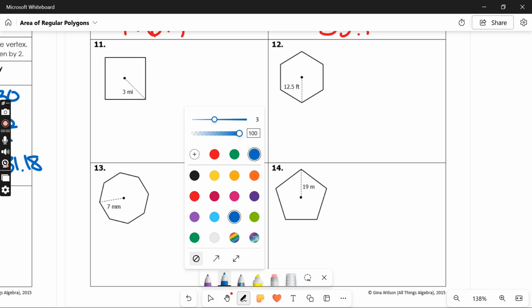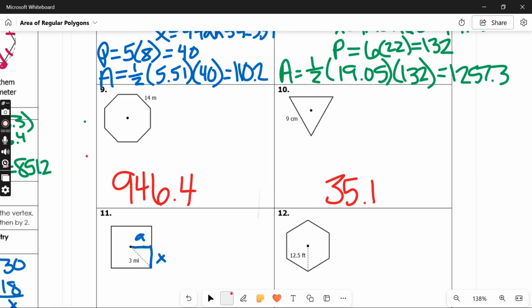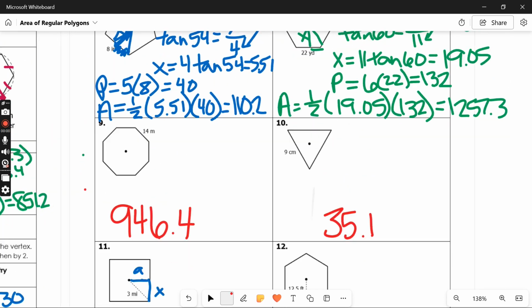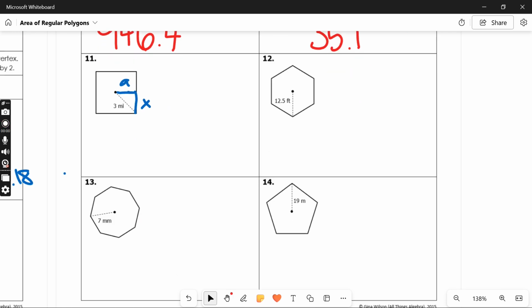On these problems, we are given the radius, so we need to find the apothem, and I'm going to call this one A, and we need to find the side. If you want to, on the problems up here, you can call that A instead of X. But on here, so that I know they're different things, I'm calling the apothem A and the side X.